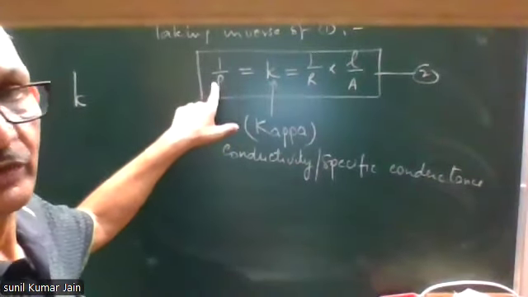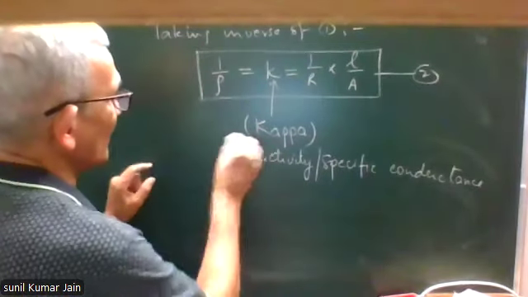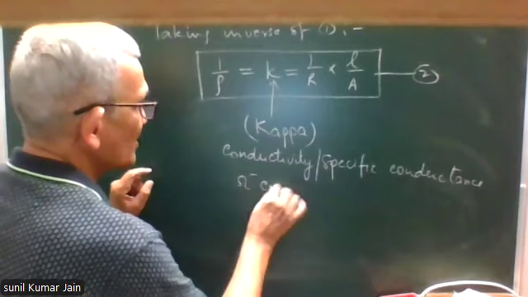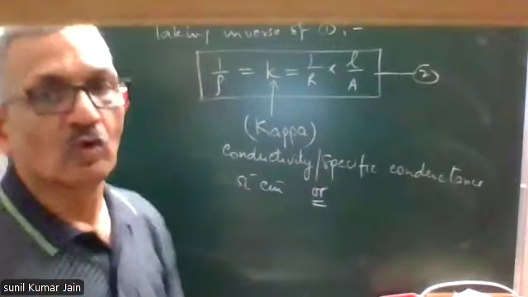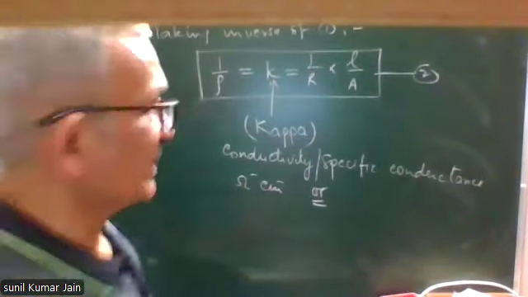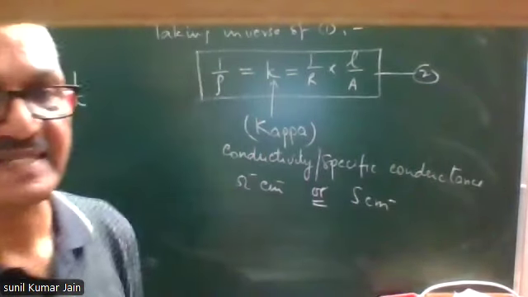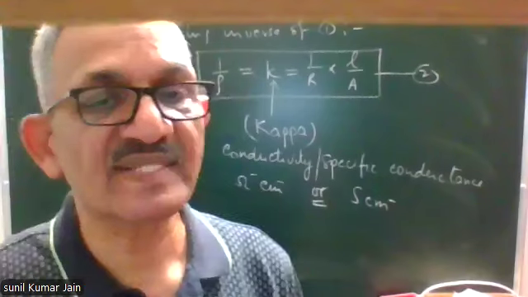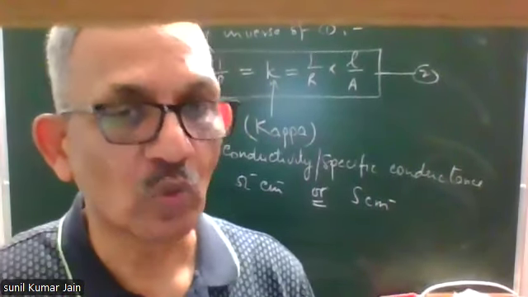If you remember, I told you units of rho are ohm centimeter. It means units of kappa will be ohm inverse centimeter inverse. Ohm inverse is mho. So mho centimeter inverse, or we can also say capital S, which stands for Siemens. One Siemens is one mho.